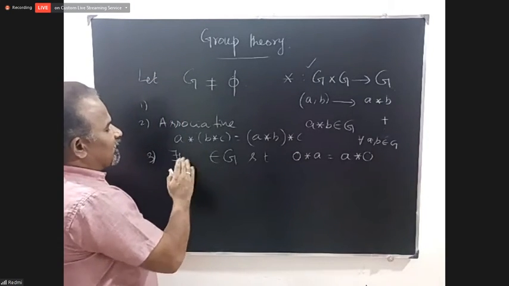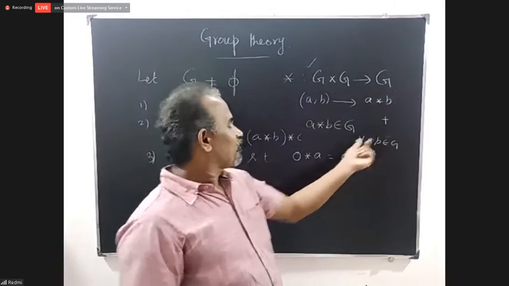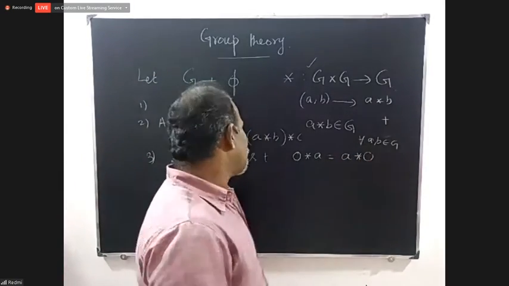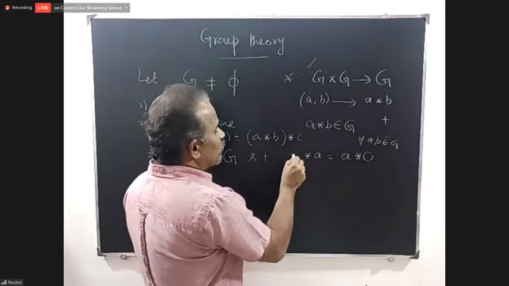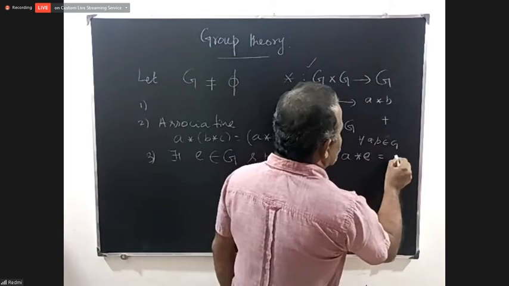In general, I can take E. E may be 0 if it is addition, and E may be 1 if it is multiplication. So in general, E star A is equal to A star E, which is equal to A.